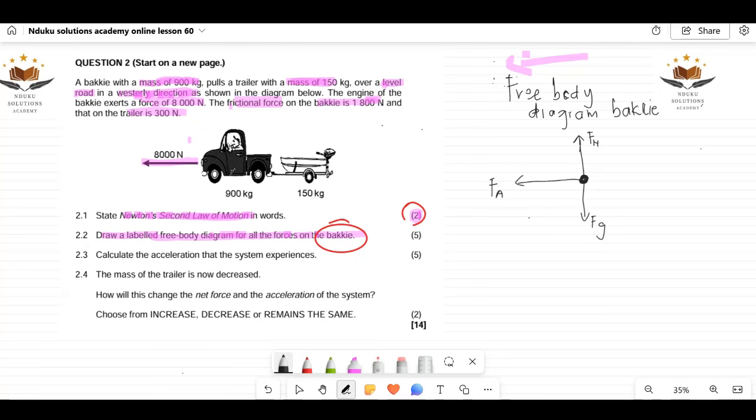And then, because the motion is going aside, there will also be a frictional force, and that's also stated, the bucky has a frictional force. So this will be our frictional force. And then because the bucky is attached to the trailer, it will cause tension. So we have your tension. Just try to draw it, yes.